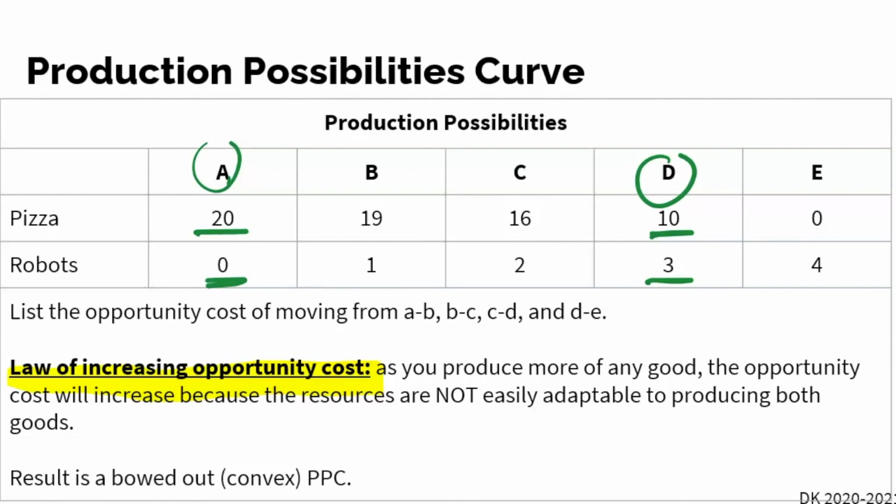And then we can do it backwards also. We can say, if you want to produce more robots, you could be producing at point E where you're producing 4 robots, but at the same time you're producing 0 pizzas. But then here you're giving up robots to produce pizzas. It's the same concept.